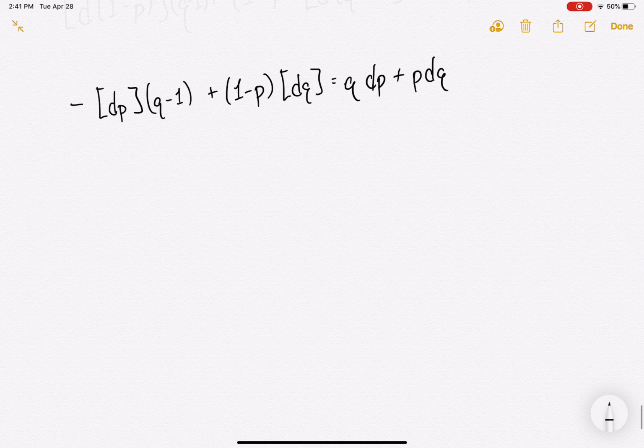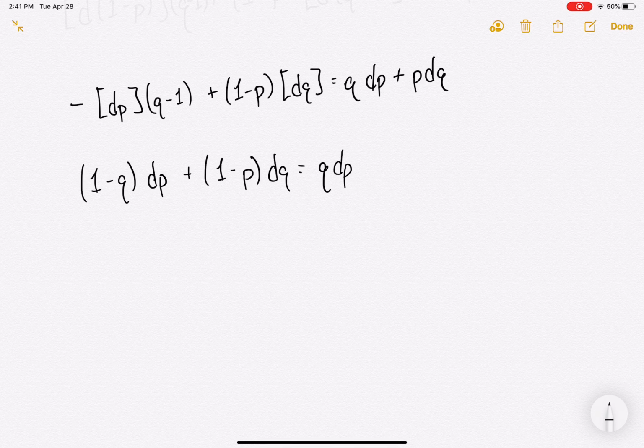I'm going to rewrite these as (1 minus Q) dP plus (1 minus P) dQ equals Q dP plus P dQ. That's step 1.